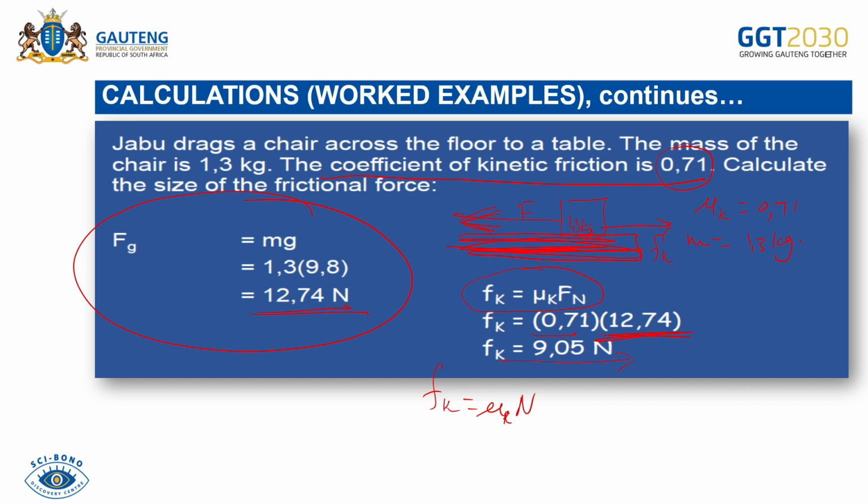Okay? So I'm looking for Fk, but I don't have the normal force. But what I know is that when I draw a free body diagram for this scenario, I have the normal force, Fg, the applied force, and the kinetic frictional force.